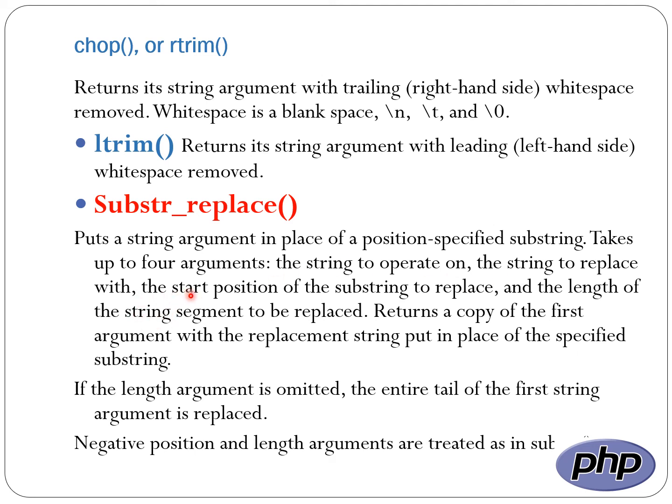The third is the start position of the substring to replace, and the fourth is the length of the string segment to be replaced. It will return a copy of the first argument with the replacement string put in the place of the specified substring. If the length argument is omitted, the entire tail of the first string argument is replaced. Negative position and length arguments are treated as in substr.